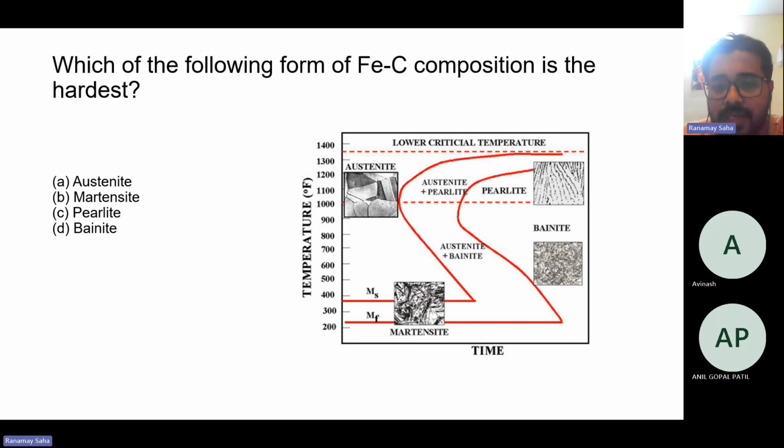By recrystallize, I mean the formation of new crystals from different nucleation sites. So the grains remain small, and this leads to the hardness or strength of martensite.